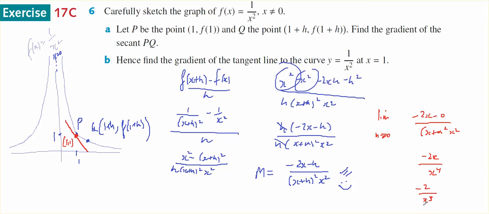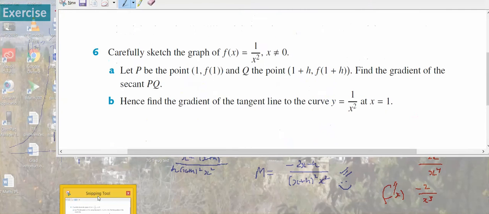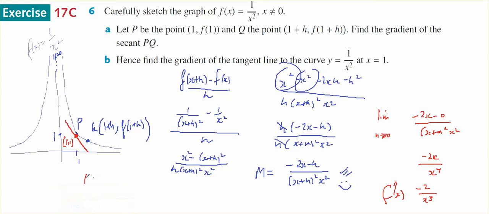So -2/x³ will be the derivative using first principles. At point P, x = 1, so the gradient at point P will be m = f'(1), therefore -2/1³, which is -2.